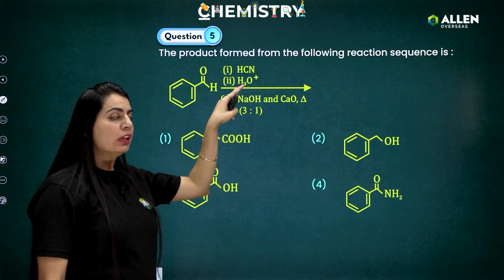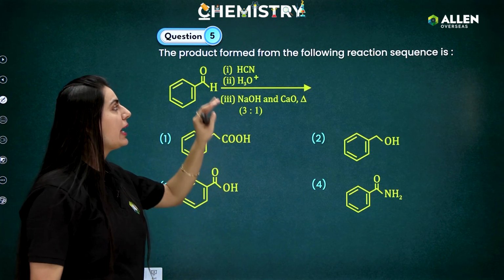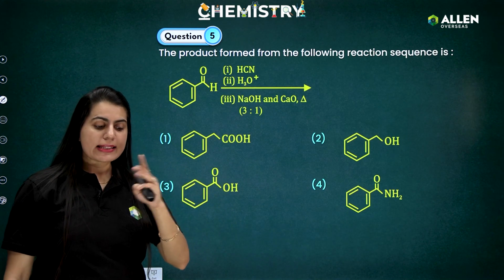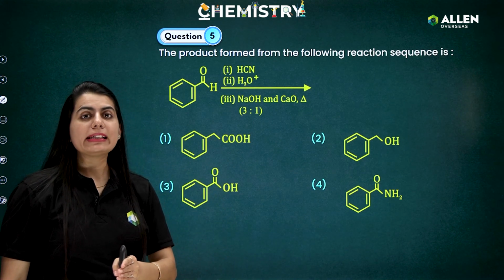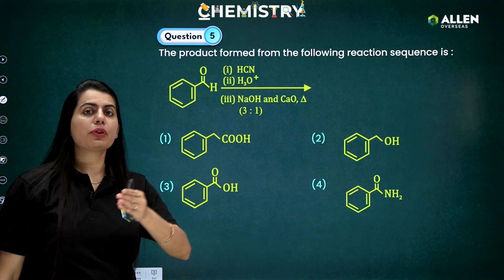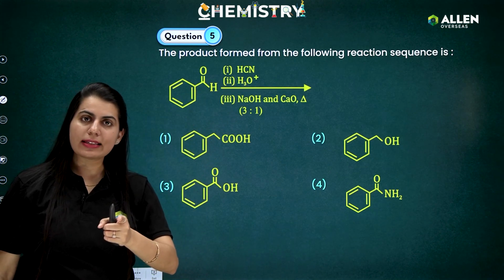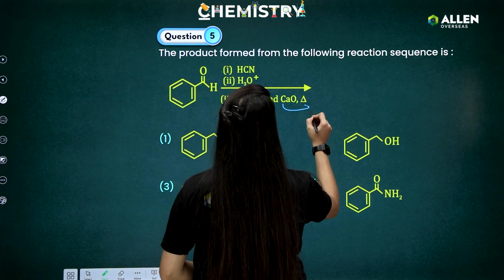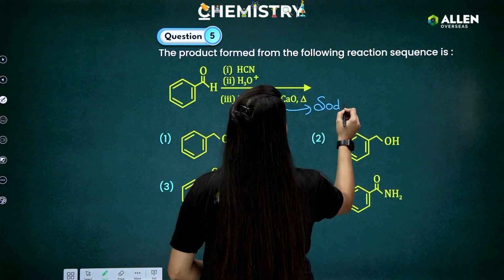In step 2, they have mentioned that we are doing acid catalyzed hydrolysis. Since they have not mentioned complete or partial, we have to take it as complete hydrolysis. And lastly, what reaction is this? This is soda lime decarboxylation.